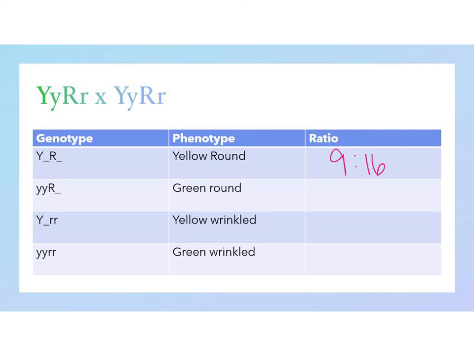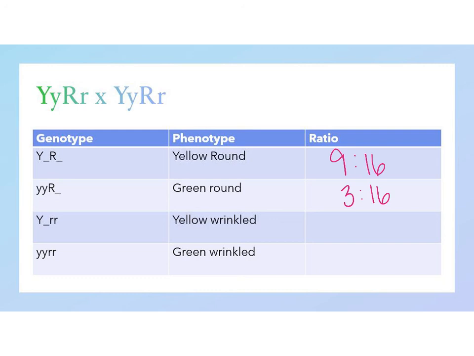Next is green and round. So I'm going to look at how many genotypes are lowercase y, lowercase y, capital R, and then either capital R or lowercase r. When I look at the Punnett square, it's a 3 to 16 ratio. Next, I'm going to look for yellow wrinkled, which is a capital Y and either a capital or lowercase y, and then 2 lowercase r's.